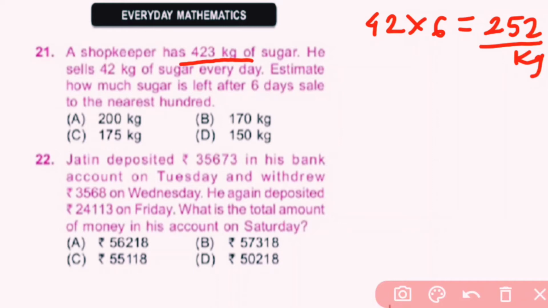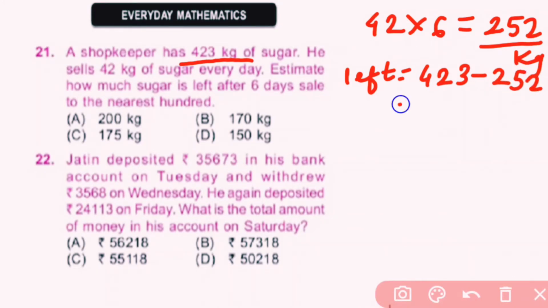Then how much quantity is left? The quantity of sugar left is equal to 423 minus 252 kilograms, which is equal to 171 kilograms. This quantity is left after 6 days of sales.